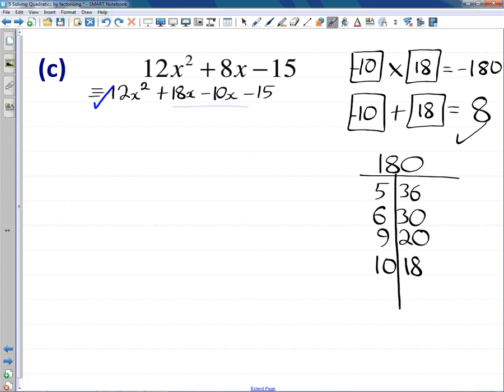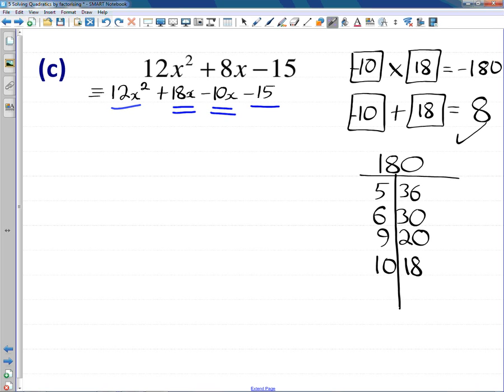But now what we do is what's called factorisation by grouping. I'm going to factorise those two terms in a bracket, and separately I'm going to factorise those two terms. And actually you could group any pair of terms you want. I could do those two terms together and those two.